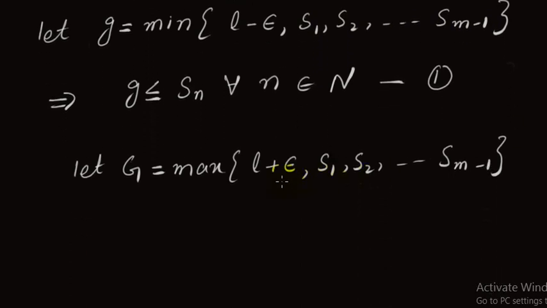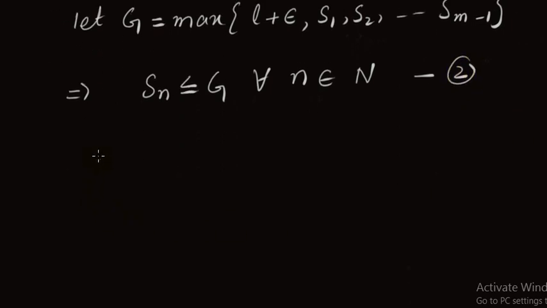So if G is the maximum of these terms, then we can write Sn is less than or equal to capital G for all natural numbers n belonging to N. This is our equation number 2.